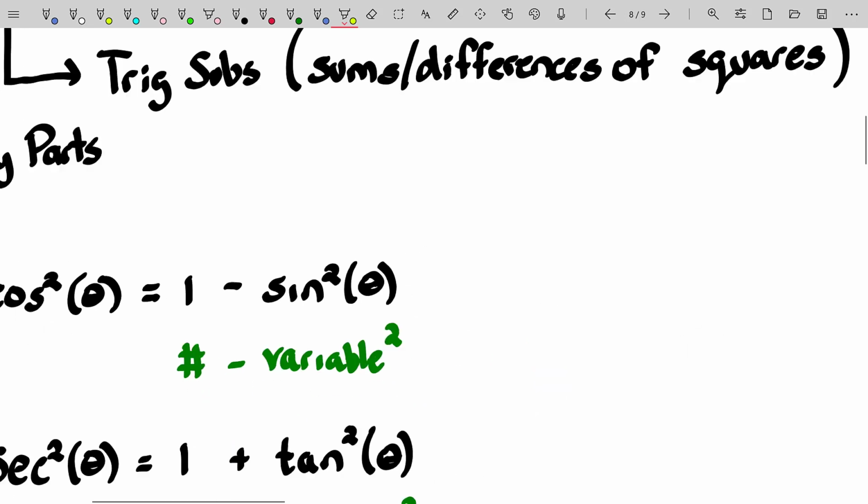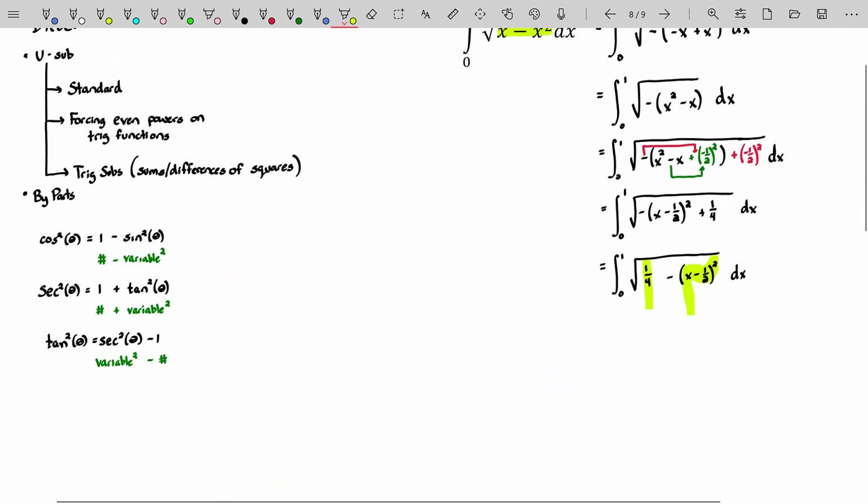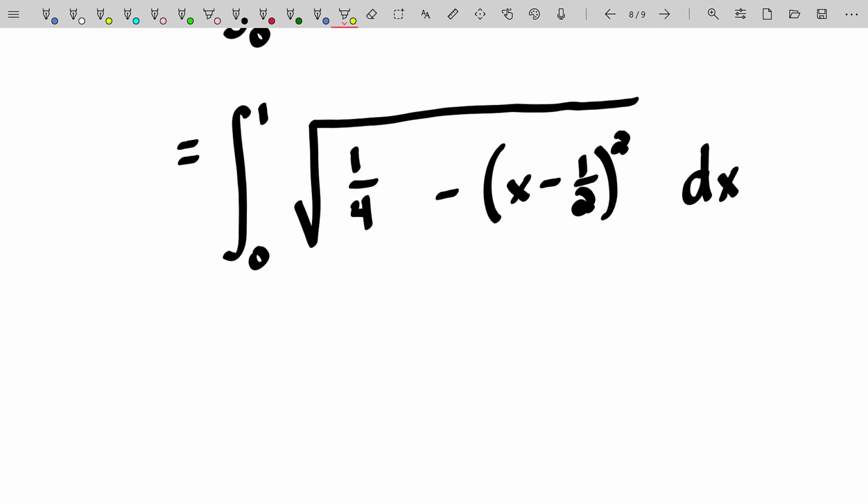Now, if you take a look at our integrand, specifically the radicand itself, I sort of want this to eventually become a sine squared of theta. But if I just made that substitution, that if I said x minus 1/2 squared is the same thing as sine squared of theta, well, I wouldn't have 1 minus sine squared of theta, I'd have 1/4 minus sine squared of theta.